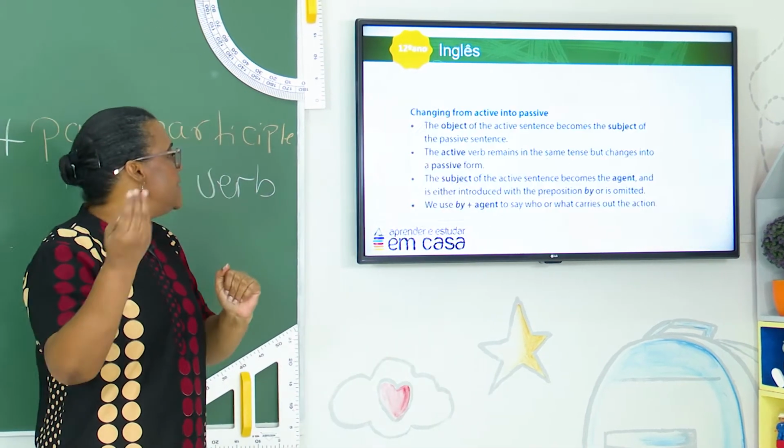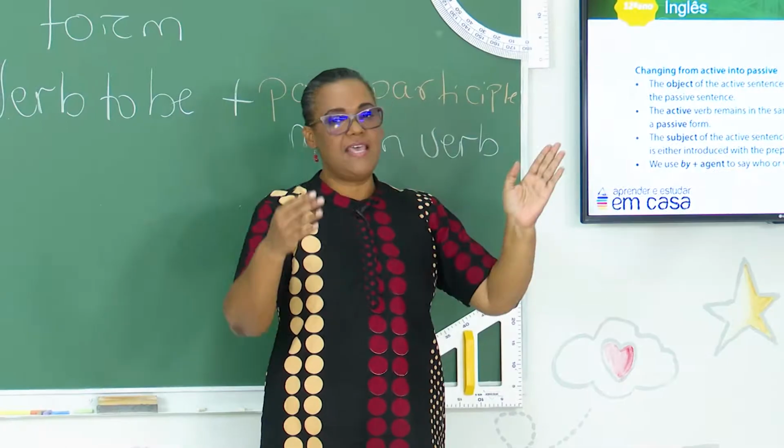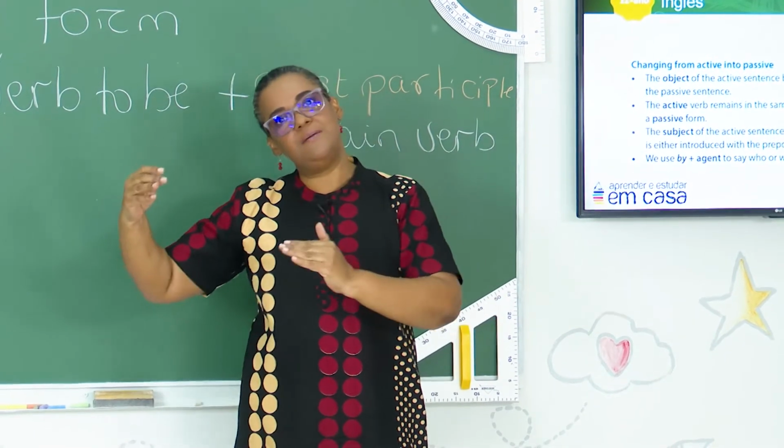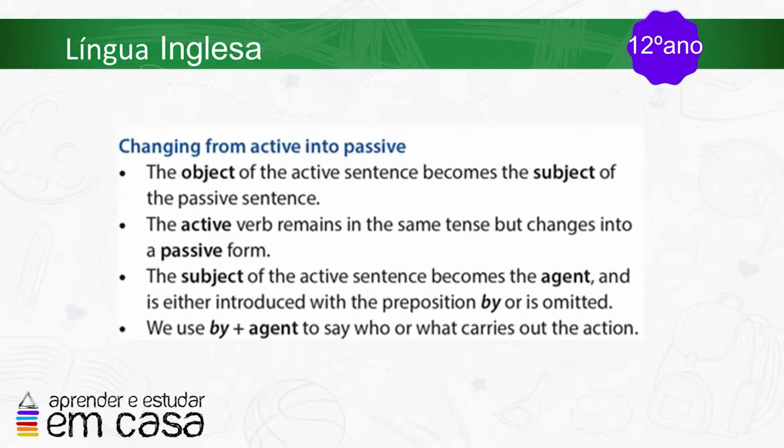Now, here we have some changes that happen when we go from active to passive. We have seen that the object becomes the subject. That's number one. Number two, the active verb remains in the same tense.